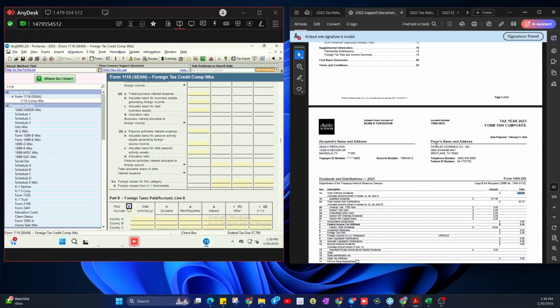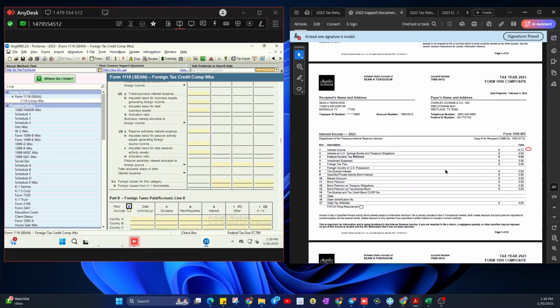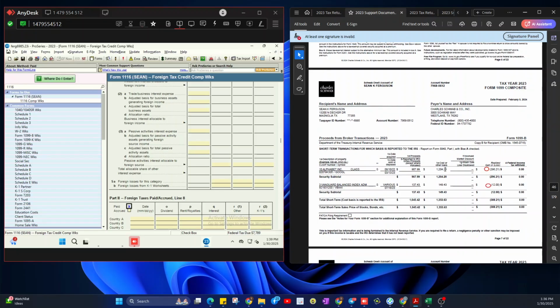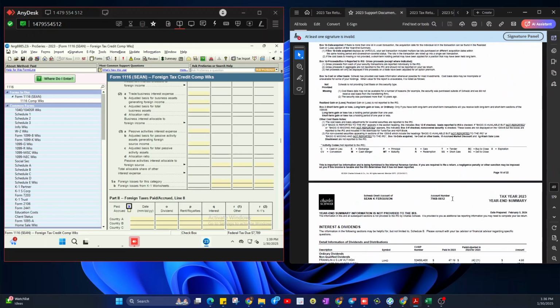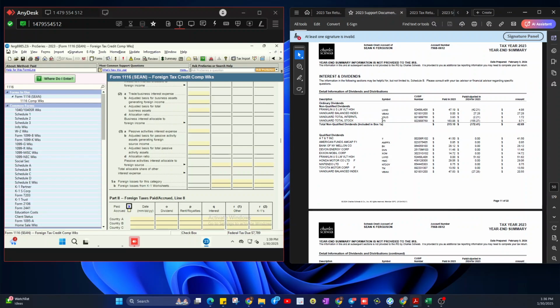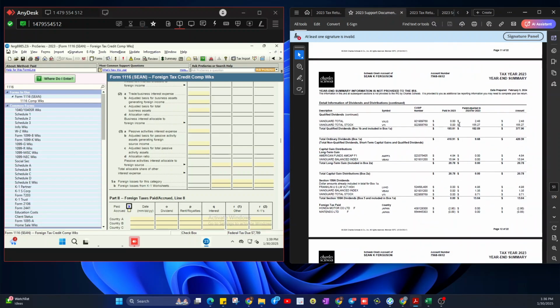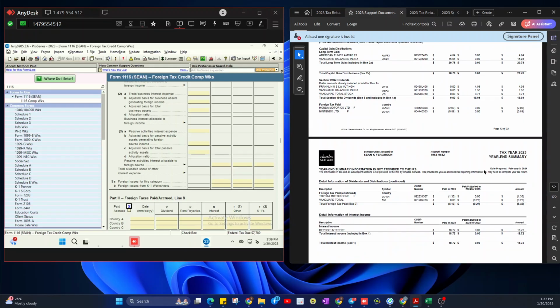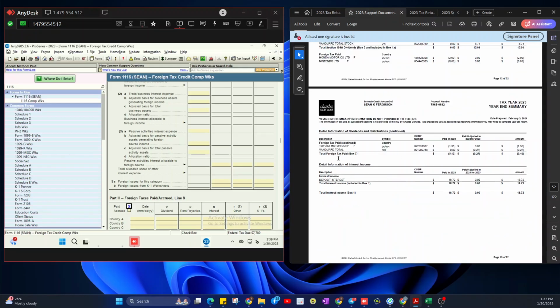So, see, it's the country Japan. Total foreign tax paid 540.